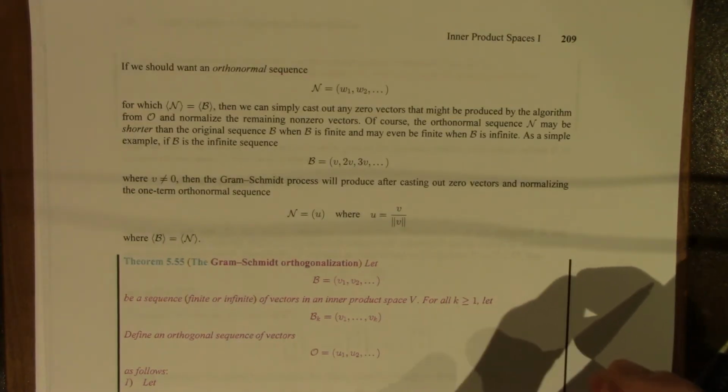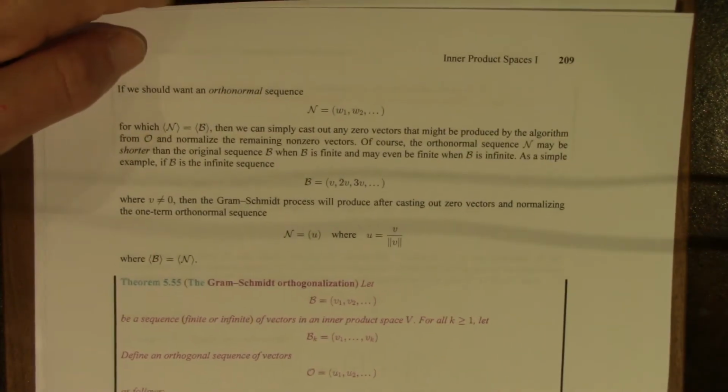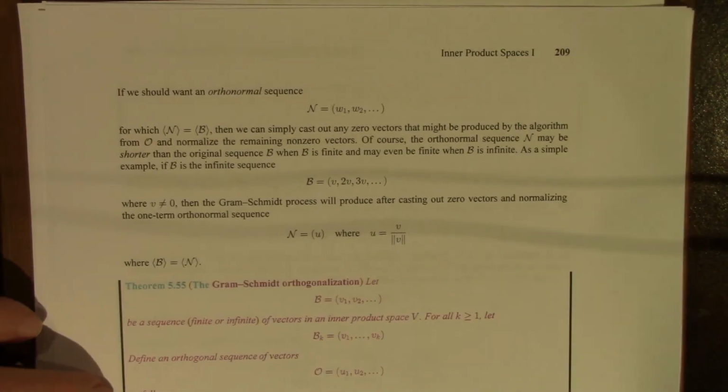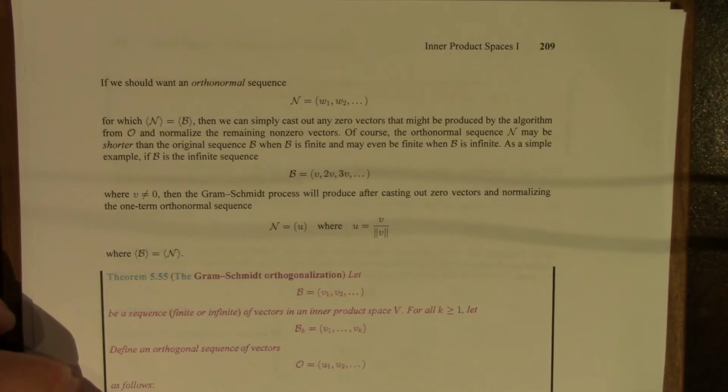If the original sequence is finite, the process will terminate. If not, it'll go on theoretically forever, but we will get an orthogonal sequence.